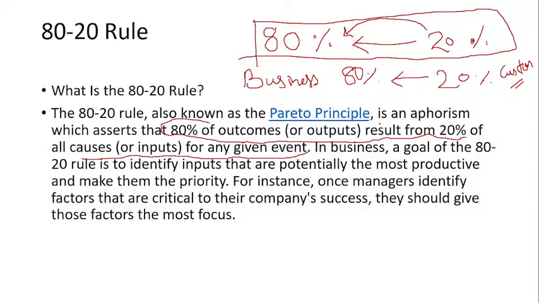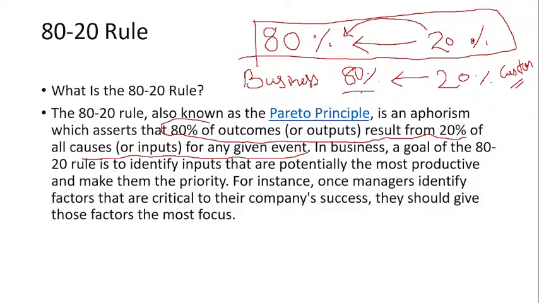In business, the goal of the 80-20 rule is to identify the inputs that are potentially the most productive and make them a priority.